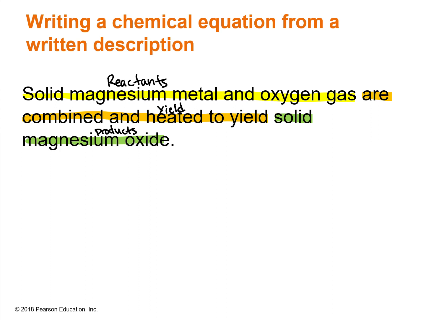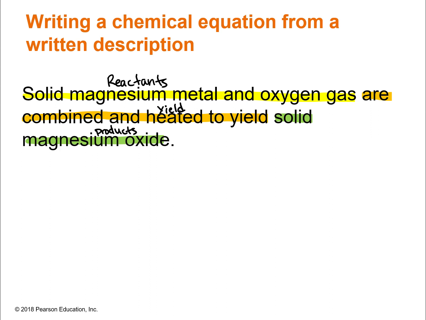So when you see this description, immediately you should identify reactants, the products, and how they're linked, whether or not there's some heat, a catalyst, or anything like that. Then you go through and you write it out.